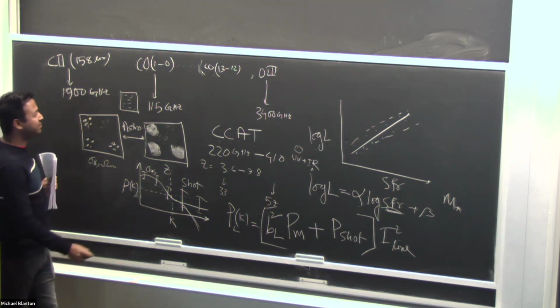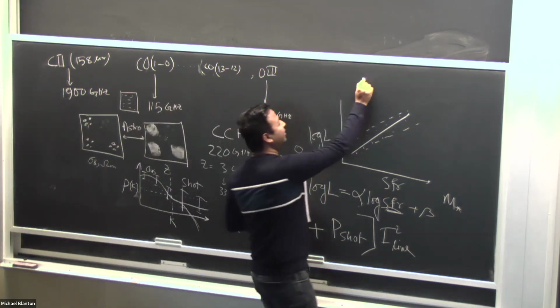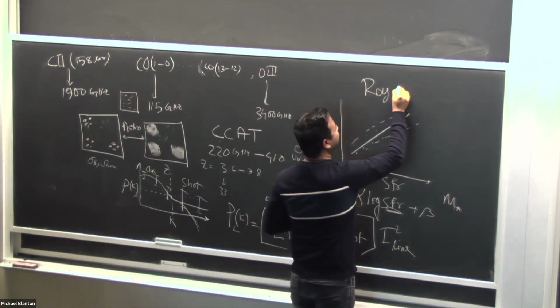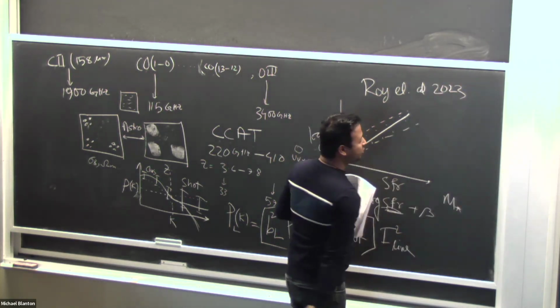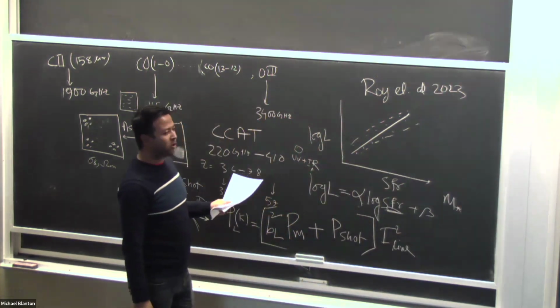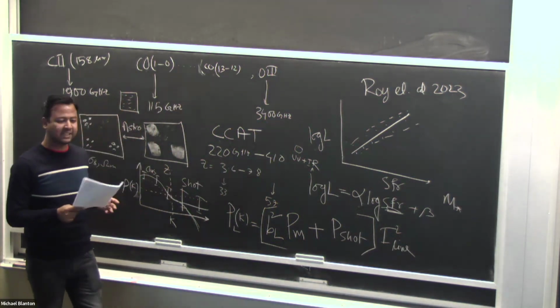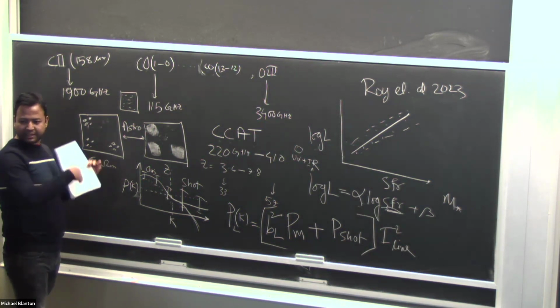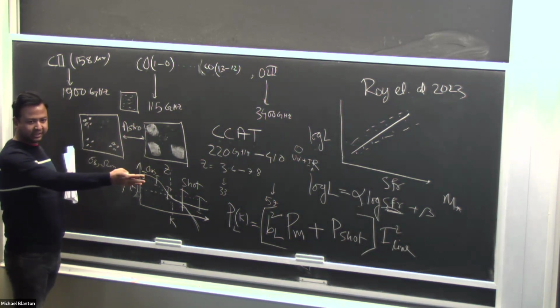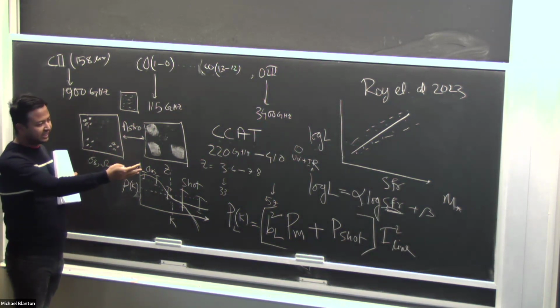So in my first paper, which is Roy et al. 2023, we wrote a code known as LIMPy, line intensity mapping in Python, where I included different models, different star formation rates, different line luminosity relations.